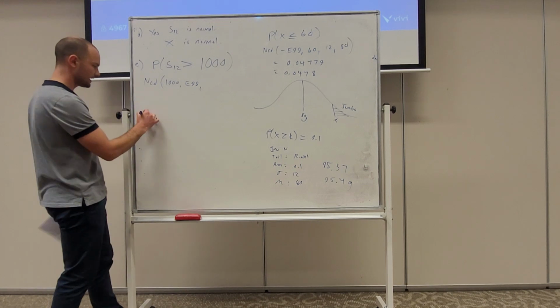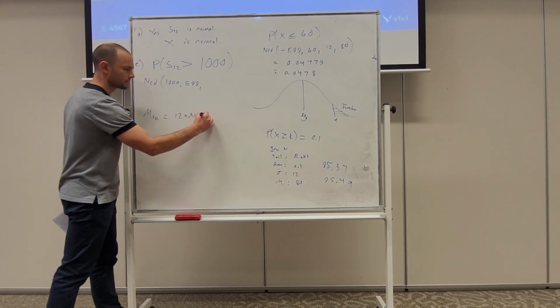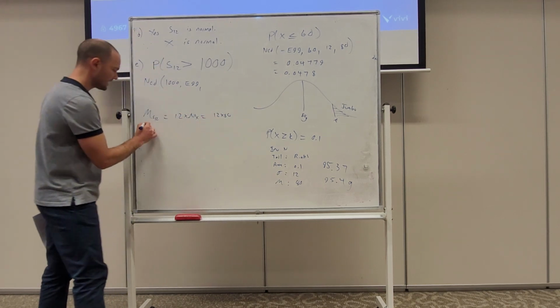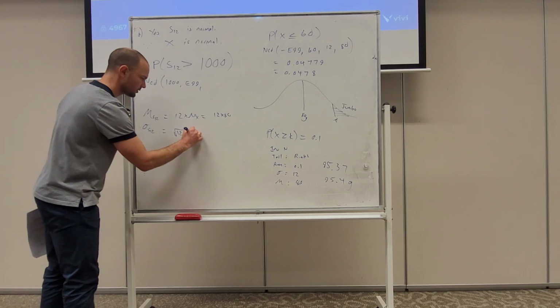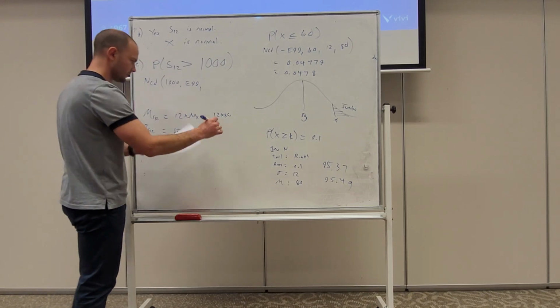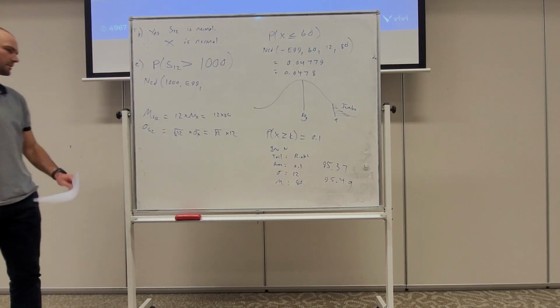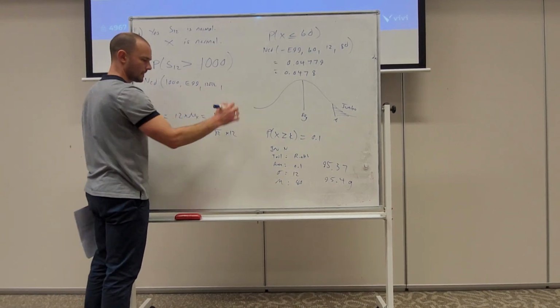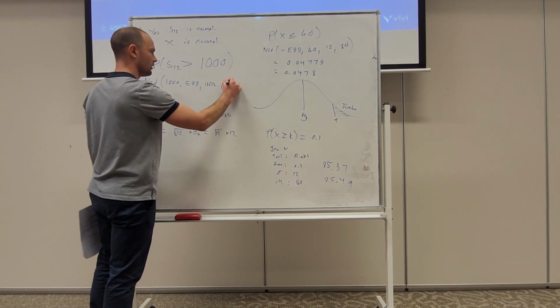Okay, so I'll just write this out here for you. The mean of S12 is 12 times the mean of X, which is going to be 12 times 80. And the standard deviation of S12 is square root of 12 times the standard deviation of X. So that's going to be the square root of 12 times 12, 12 root 12. So then when we're plugging all this in, we'll have 12 root 12 here, and we'll have 12 times 80, what's that? 960.